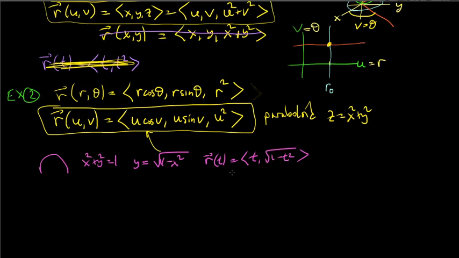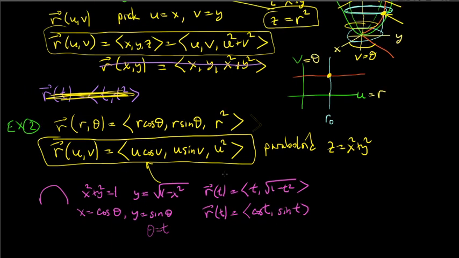But that's not very useful. Typically when you think of a circle, you like to think in terms of sine and cosine. So a more useful parameterization for the upper half of the circle is to say that t is theta here, and this will be cosine of t, sine of t.